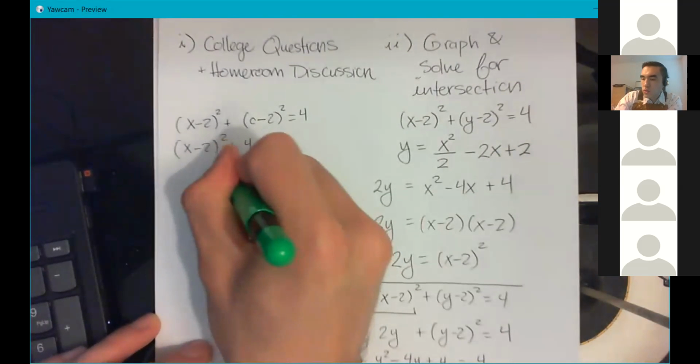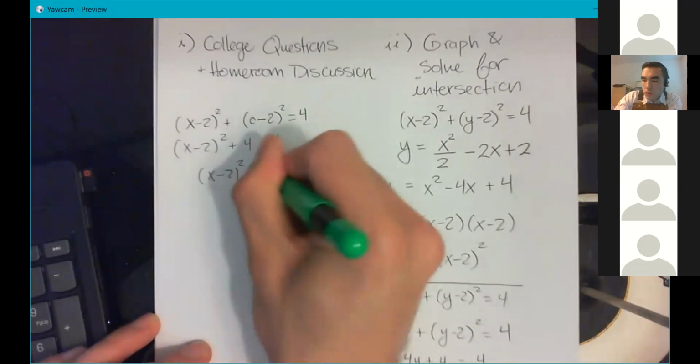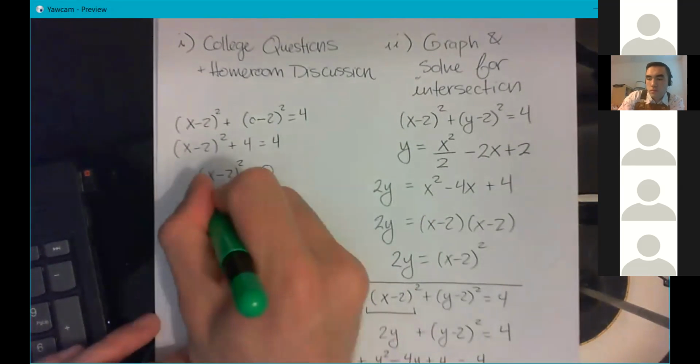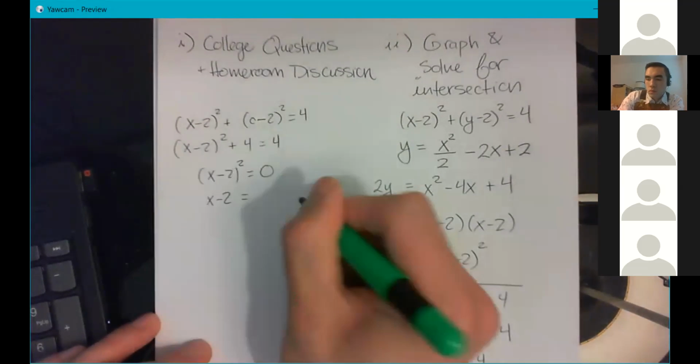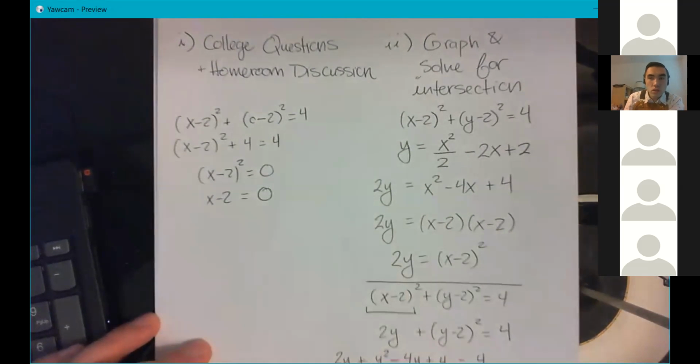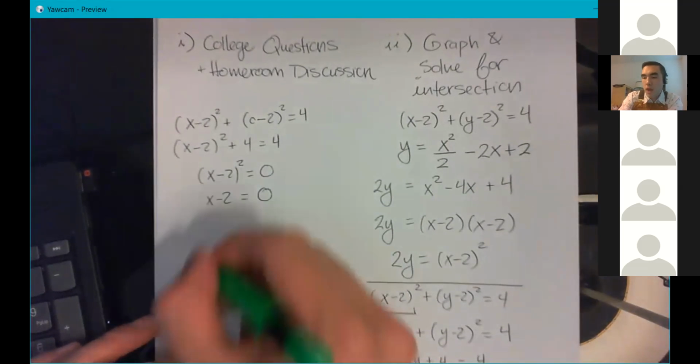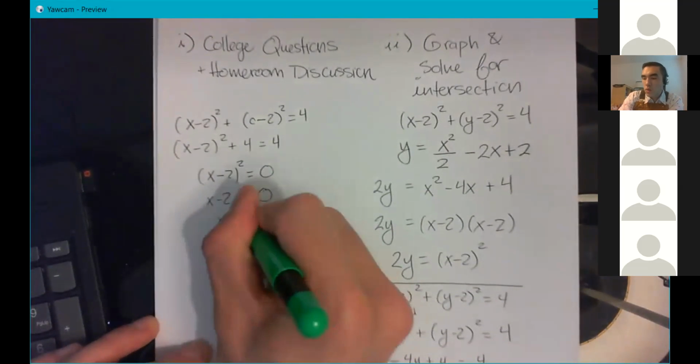X minus 2 squared is equal to 0. What's the square root of 0? 0, and that's why this one is not going to produce two values, because when you take the square root of 0, you only get one value back. And so x is equal to 2.